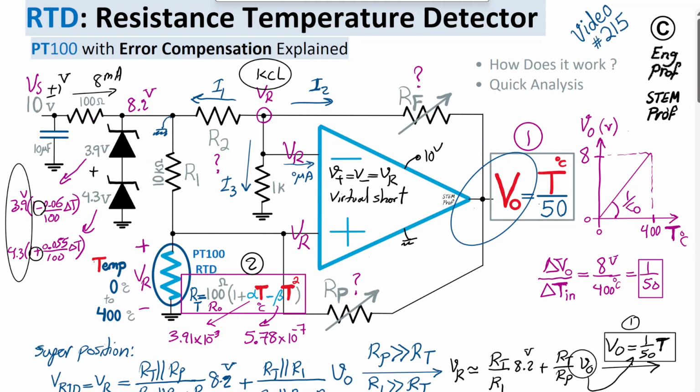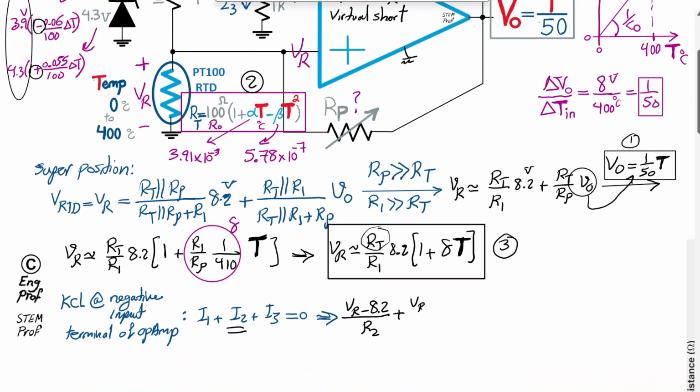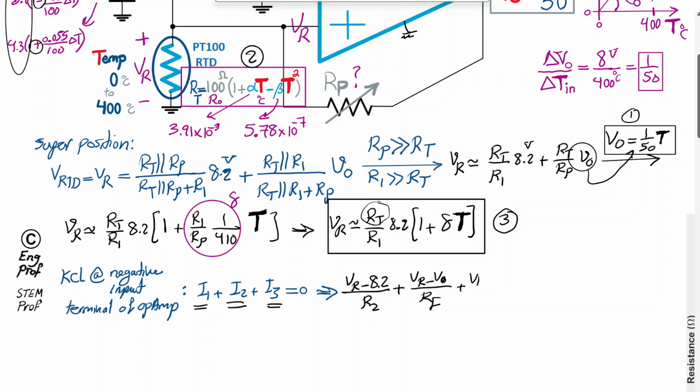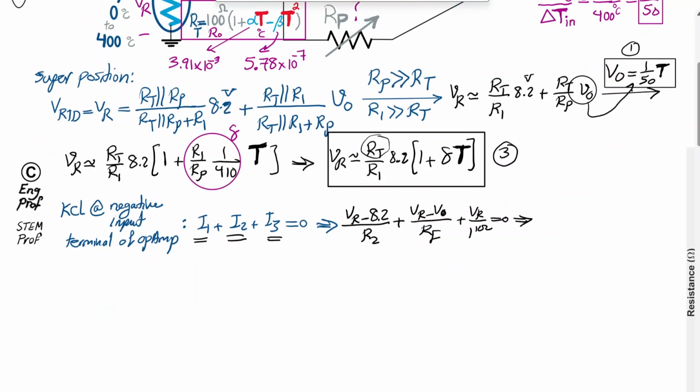It will be VR minus Vout divided by the RF. And then finally for R3, it will be just simply VR over 1K, equal to 0.